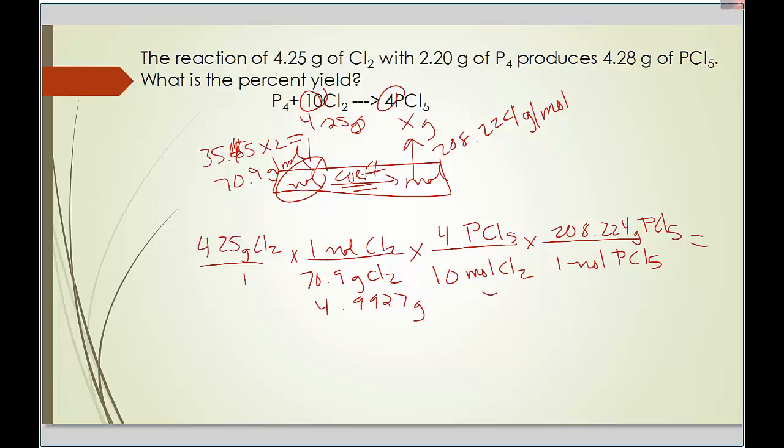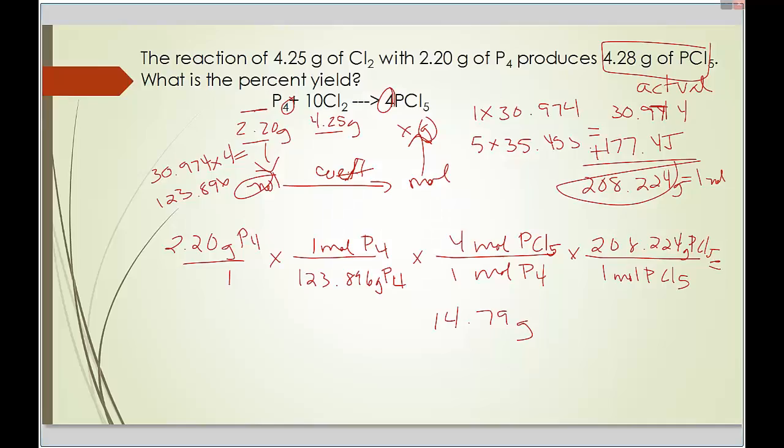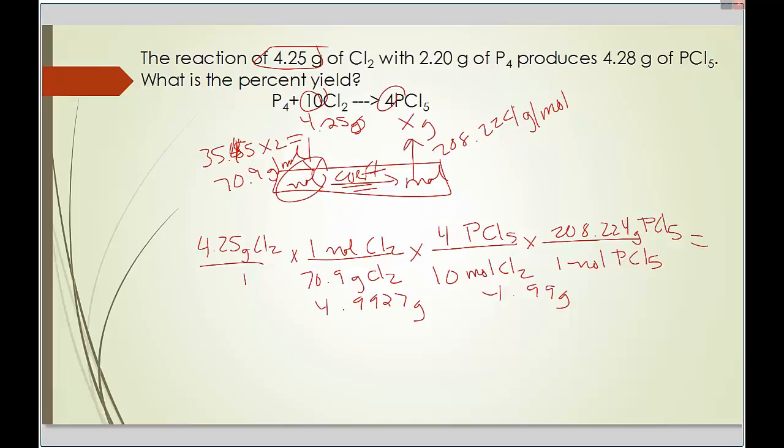Now if we compare the two numbers, 14.79 versus 4.99, 4.99 is smaller. That's going to be our theoretical yield because it's the smaller. That means that Cl2 is our limiting reagent, which means P4 must have been our excess reagent.